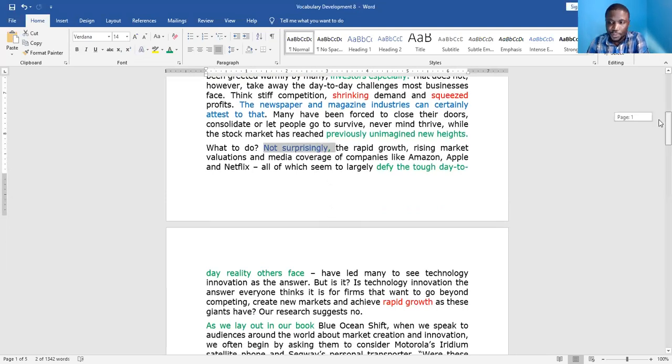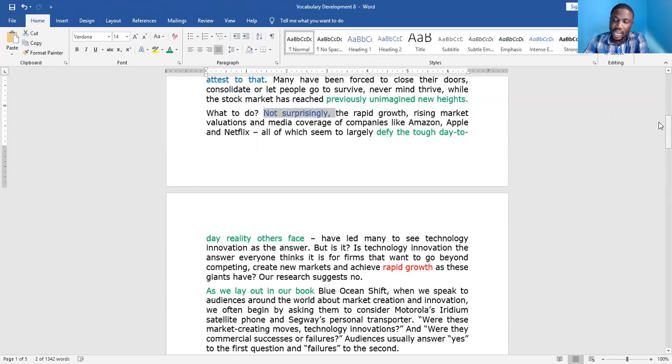day to day, because in previous vocabulary development, some of the words I'm using today, like more astonishing still, more vexing challenge, have been highlighted as transitions that we can use. Okay, the rapid growth, rising market valuation, and media coverage of companies like Amazon, Apple, Netflix, all of which seem to largely defy the tough day-to-day reality, have led many to see technology innovation as the answer.